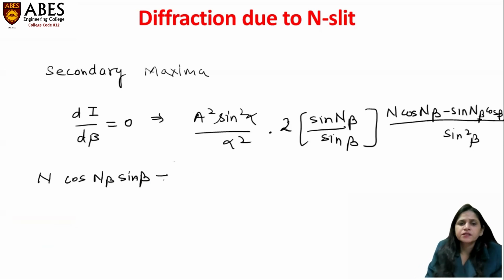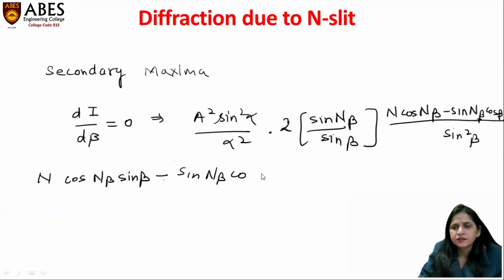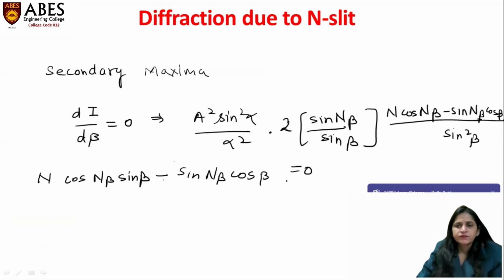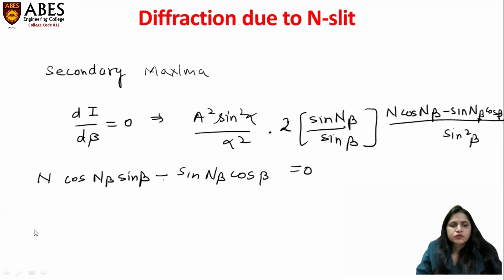N cos n beta sine beta minus sine n beta cos beta is equals to 0. So now we have written n cos n beta sine beta minus sine n beta cos beta is equals to 0, because either of the terms will be 0 as we discussed before.